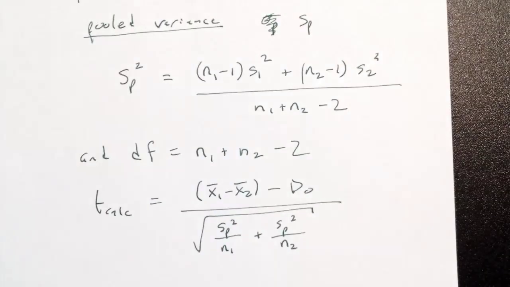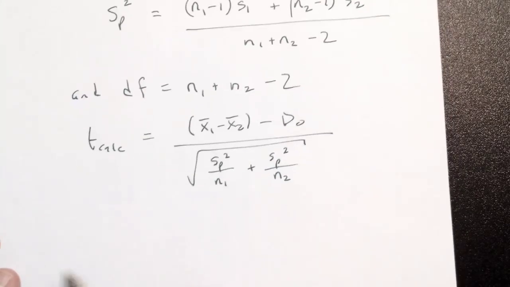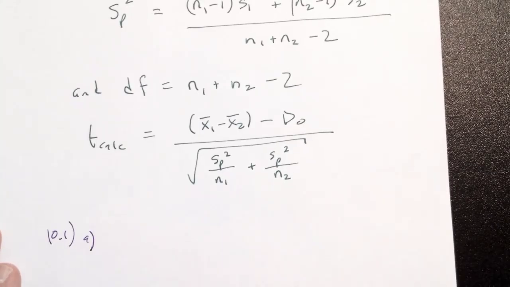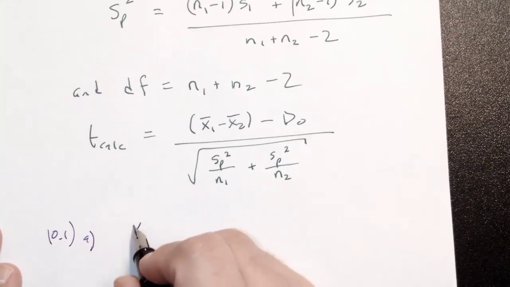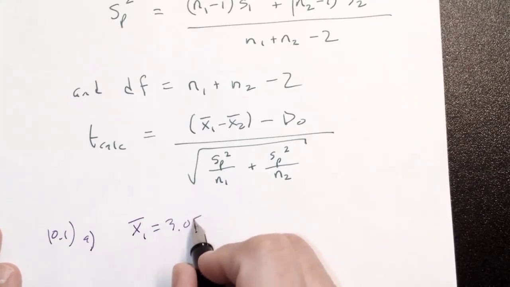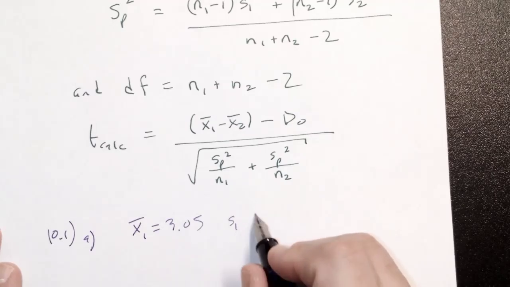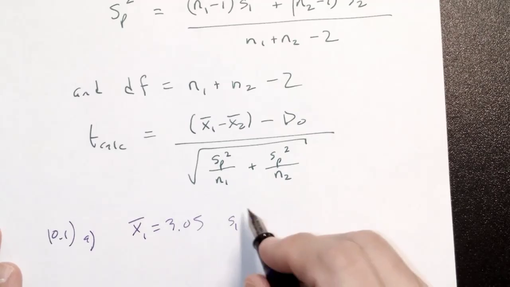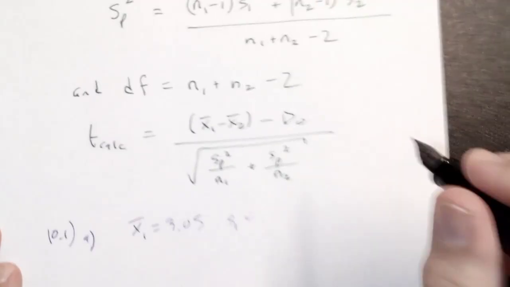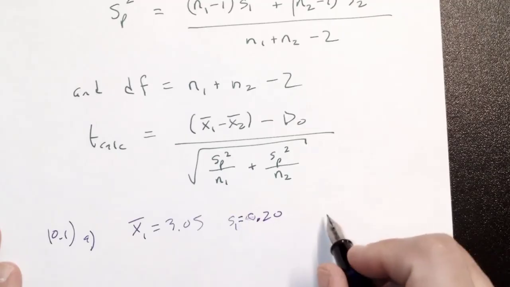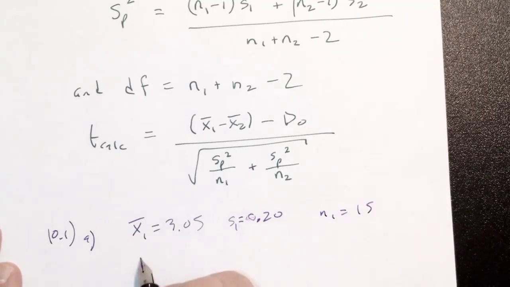So let me write down what I've got, and we'll go from there. 10.1, problem A. X1 bar is 3.05. The standard deviation for this first group was 0.20. And there were 15 of these.